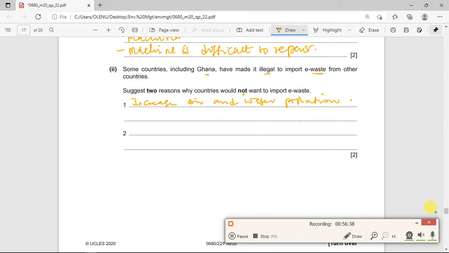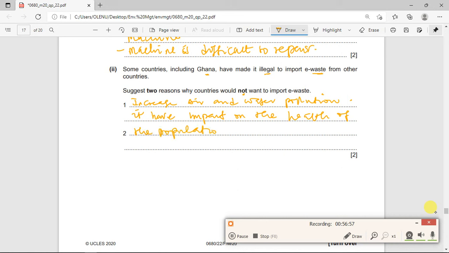Another reason is the health problem, so it has an impact on the health of the population.